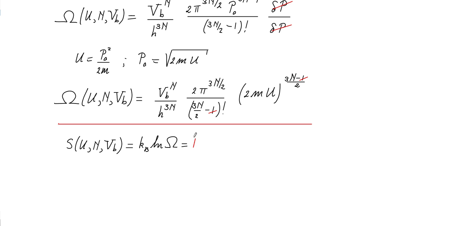We have an n kb times the logarithm of VB, the box size, divided by h to the third, and then we have 4 pi mu divided by 3n, and that raised to the power 3 over 2.